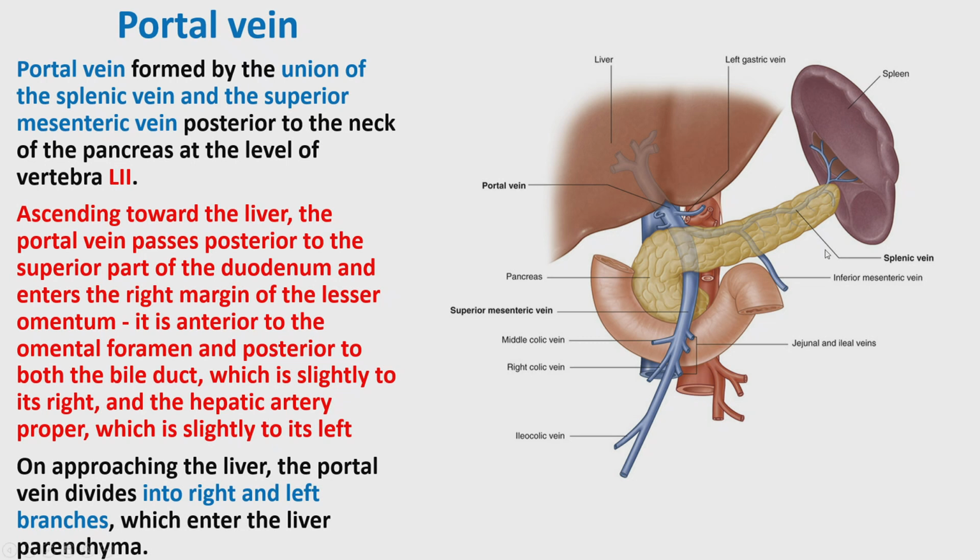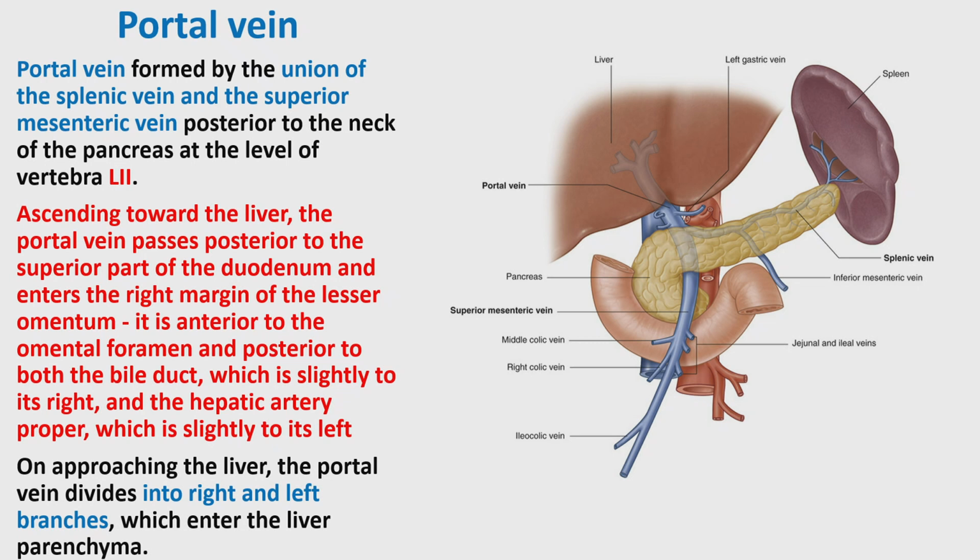So this is the explanation that I gave: the splenic vein behind the neck of the pancreas joins with the superior mesenteric, making a short trunk, but the caliber or diameter is very big. It enters the hilum of the liver, and immediately after entering it divides into the right and left portal hepatic branches, which continue as sinusoids.